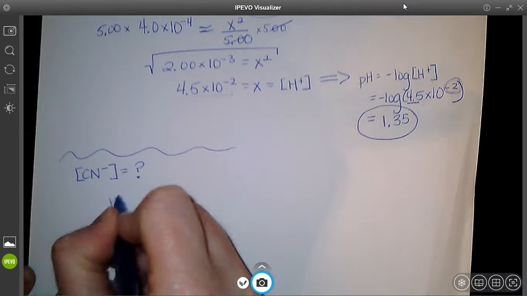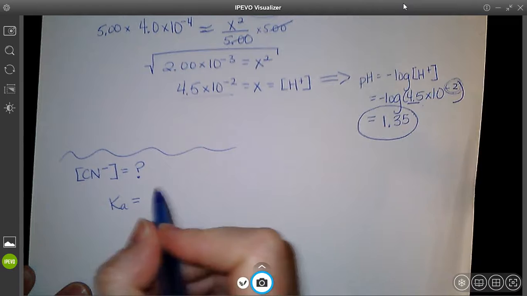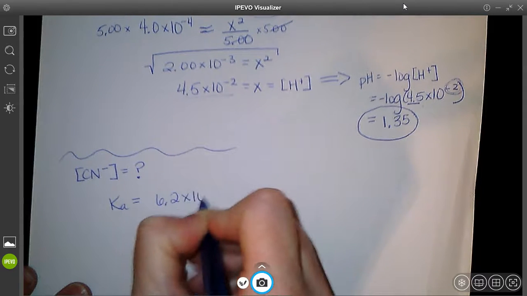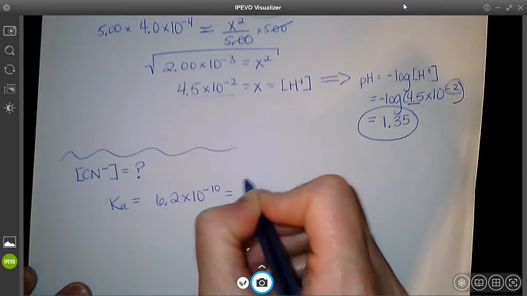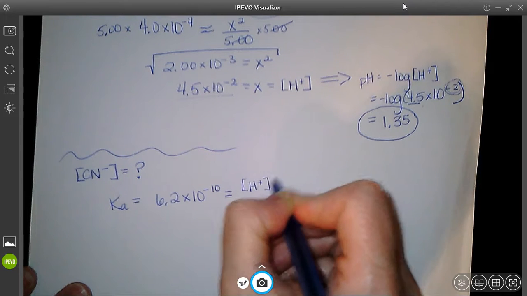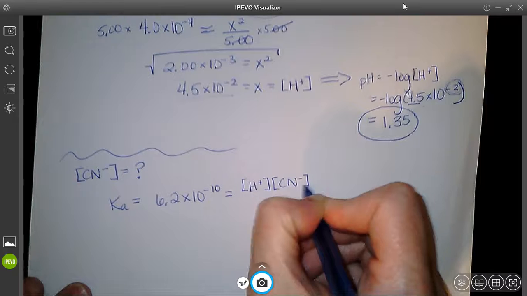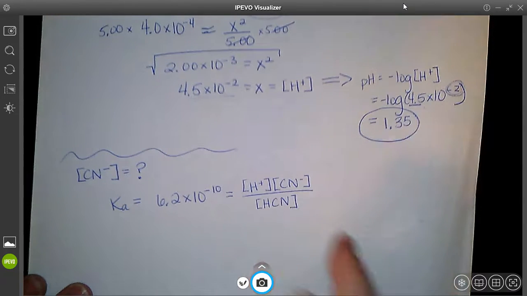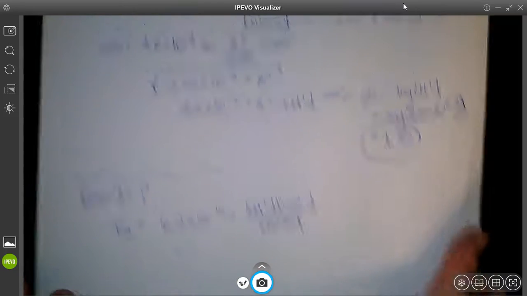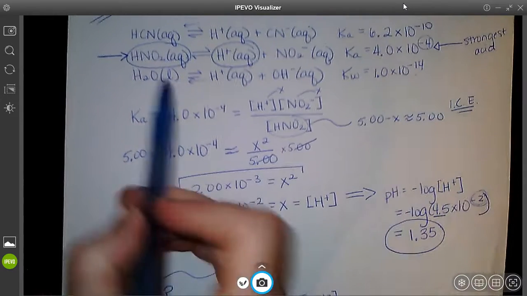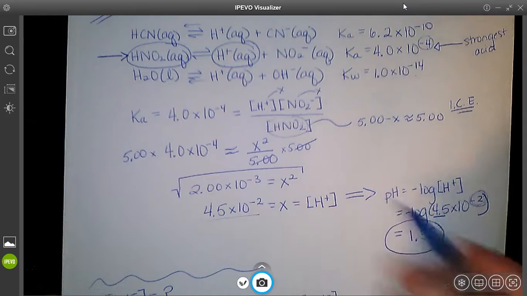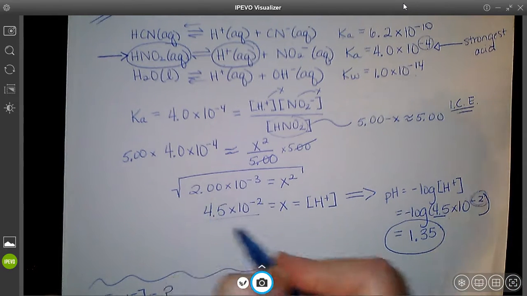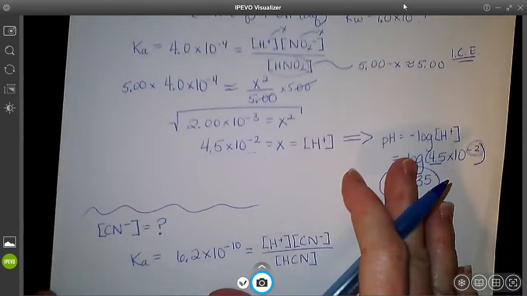So now we've got Ka equals, because this is for HCN, 6.2 times 10 to the negative 10th equals the concentration of H plus times the concentration of CN minus over the concentration of HCN. Now, if you remember, the major dominant species to give us the H plus is going to come from HNO2, which we solved for H plus down here. So this is your overall concentration of H plus that we're going to use at the bottom.